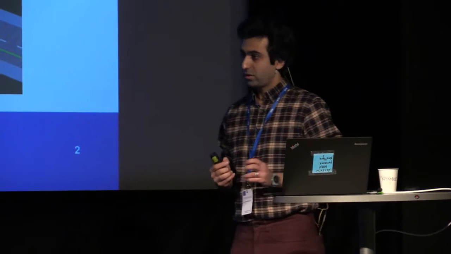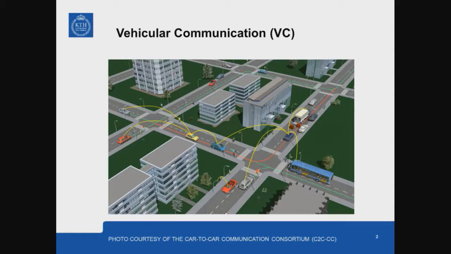The main idea in a vehicular communication system is that vehicles communicate with each other and exchange information like location, velocity, direction, and so on. Vehicles can directly communicate with each other using V2V, vehicle-to-vehicle communication, or they can exchange messages with the roadside infrastructure using V2I, vehicle-to-infrastructure communications.